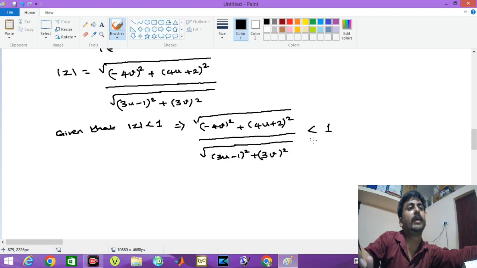So now we can take the denominator to the other side of the inequality, that is less than.